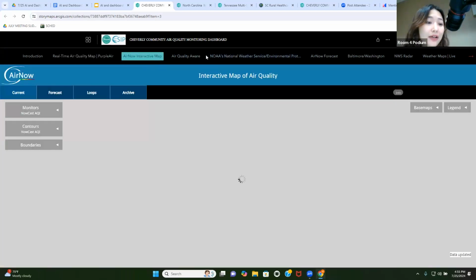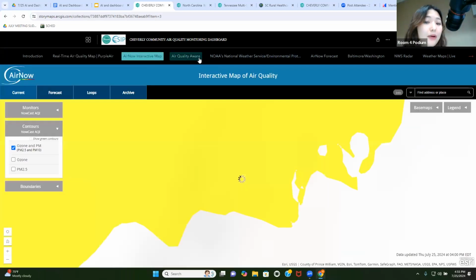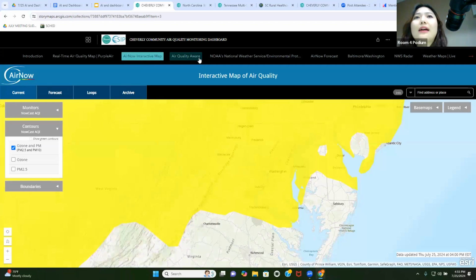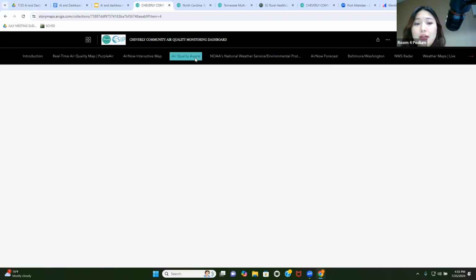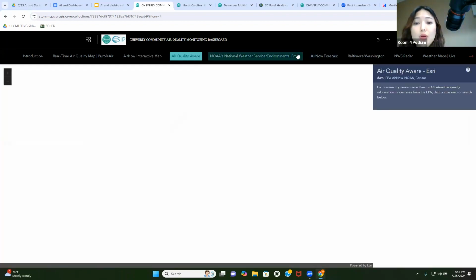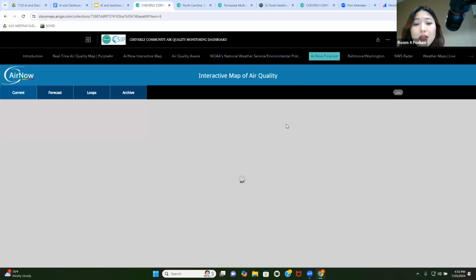And we also have the AirNow interactive map. So it's like a platform that can connect, like put everything together. So this is one example. You have air quality aware. You have forecast.